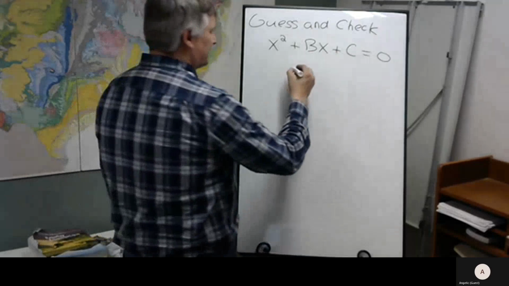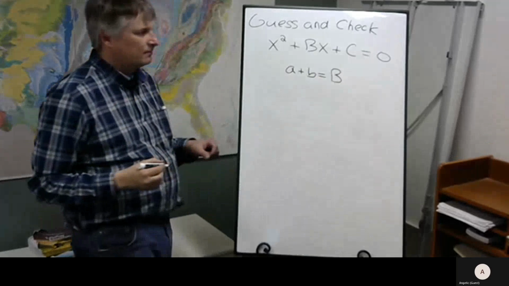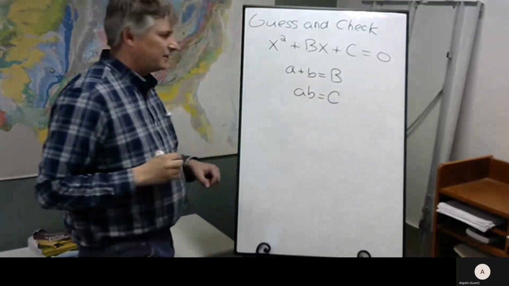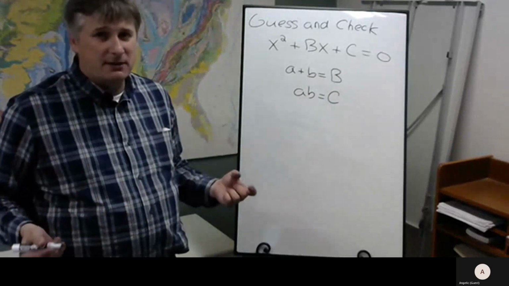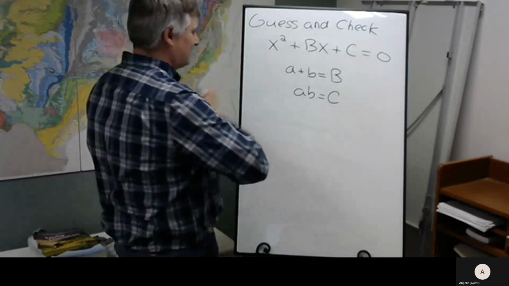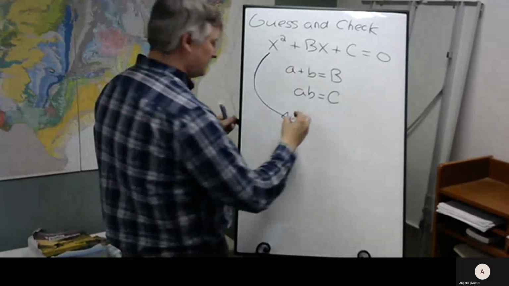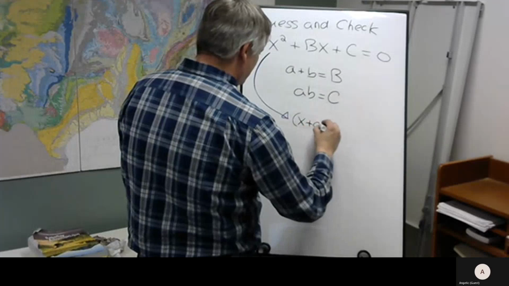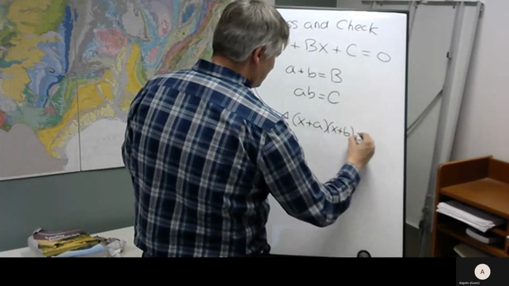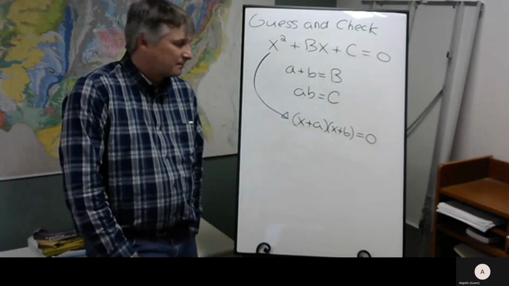But you're looking for two numbers, a and little b, that add up to capital B, but also multiply to capital C. And when you find these two numbers that do this, this automatically becomes this. So this is a way of factoring.